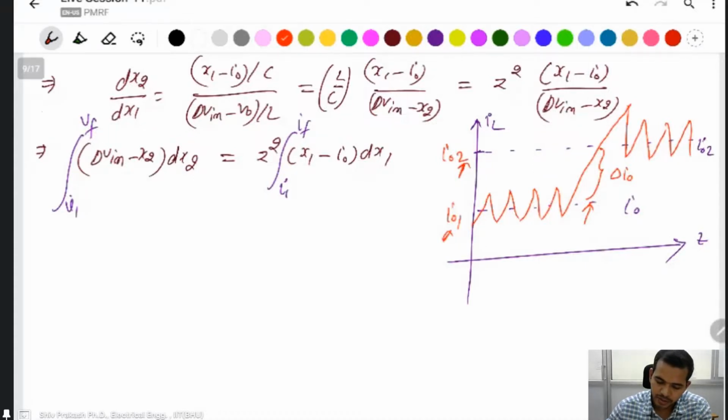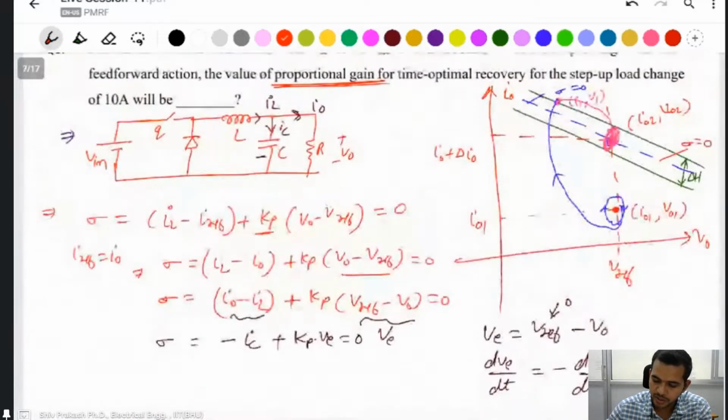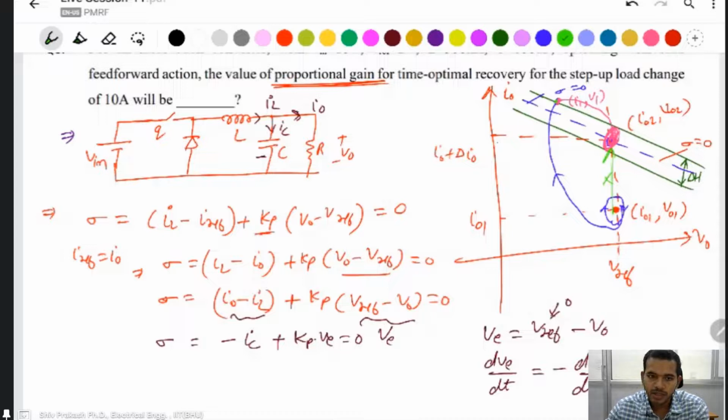But for the sliding mode control, it does not go like that. Sliding mode goes along a certain trajectory touching the surface, and after I1, V1 it takes some point.